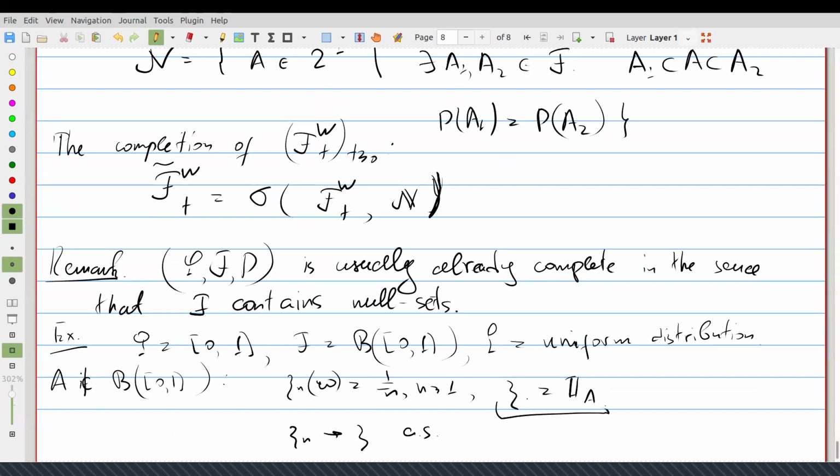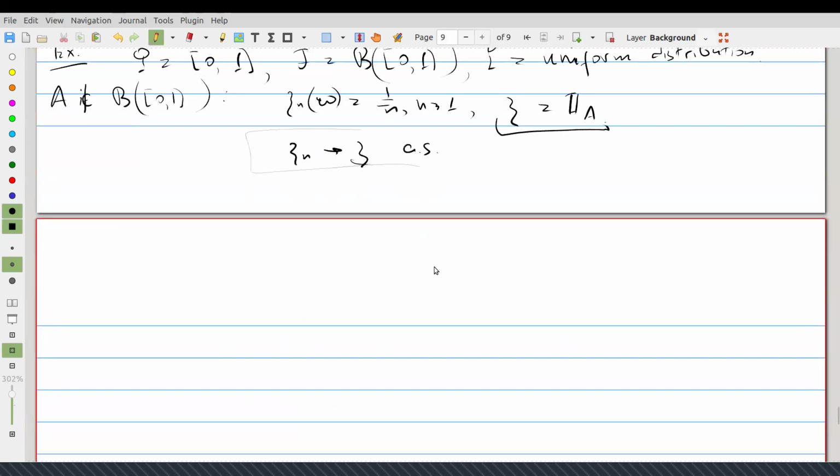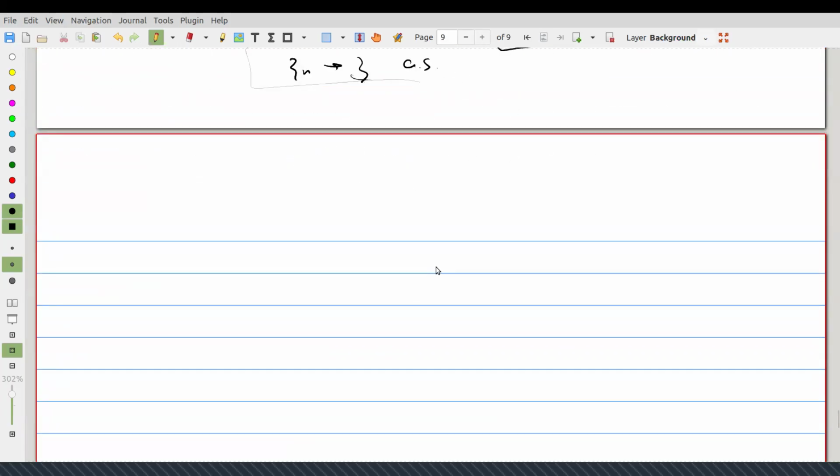It's an indicator of a non-measurable set. And that's why in the definition of convergence almost surely we usually say that you have a sequence of random variables, you have a random variable, and this holds with probability 1. But to stop thinking about this, people usually add just null sets into this construction from the start. So it seems that doing this with our filtration, we shouldn't lose much generality. And indeed, this is not going to happen.